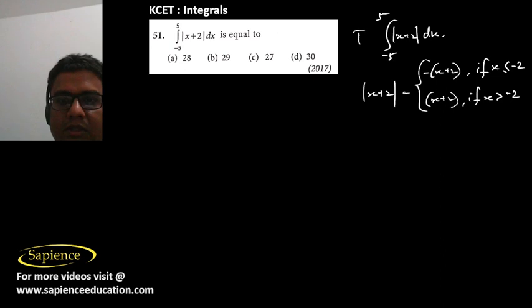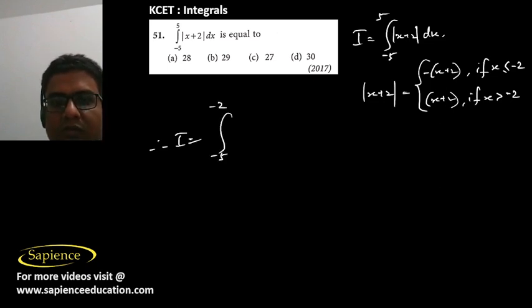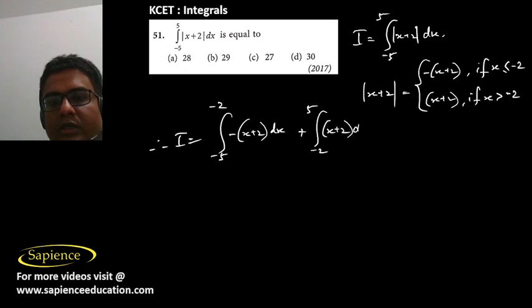So therefore this integral I can be separated into two parts. One is from minus 5 to minus 2, which will be minus of x plus 2 dx, and plus that will be minus 2 to 5, that will be x plus 2 dx.